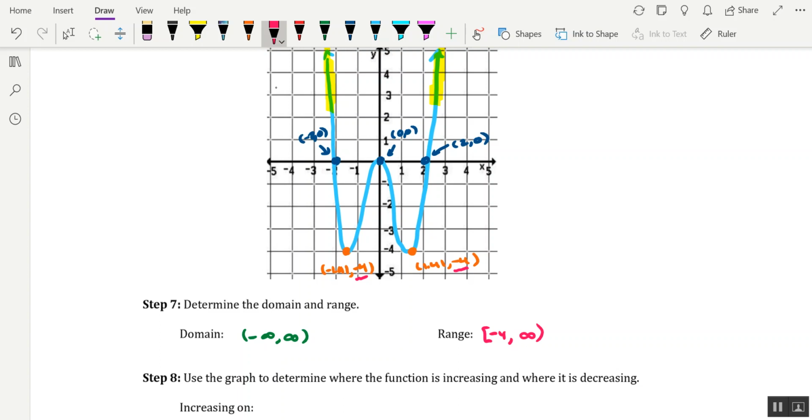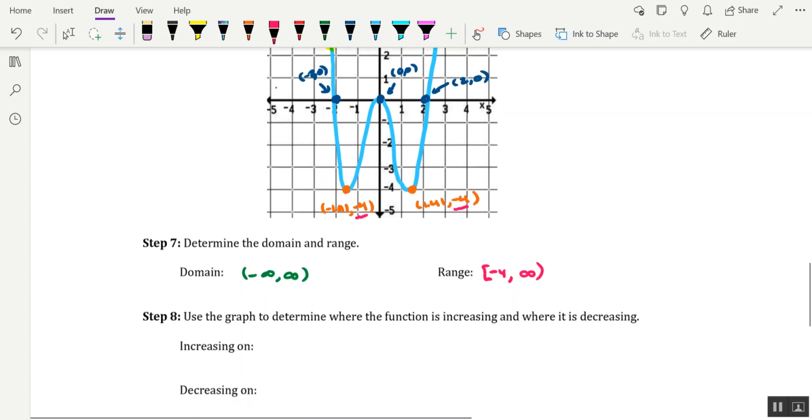Now, as you go from left to right on this graph, starting at the left end, the graph decreases at first, as we saw a little bit earlier. And that's going to decrease all the way from negative infinity to negative 1.41.